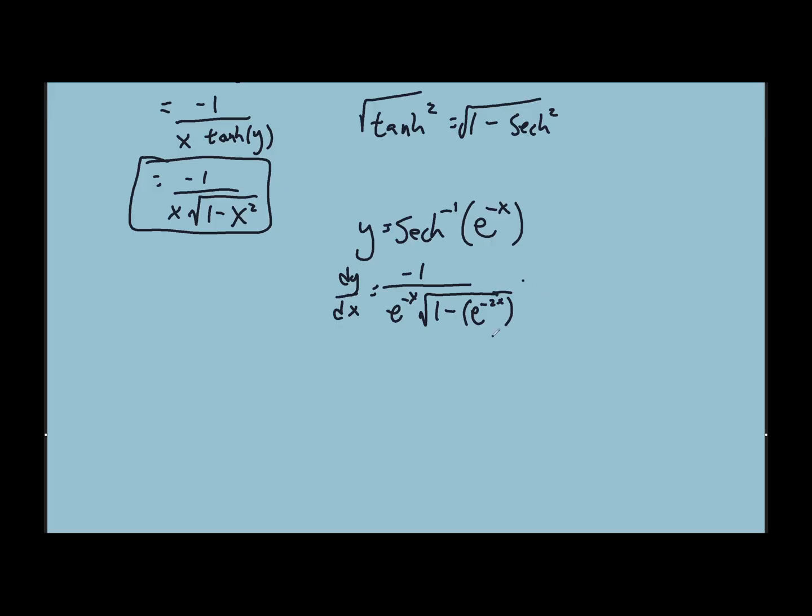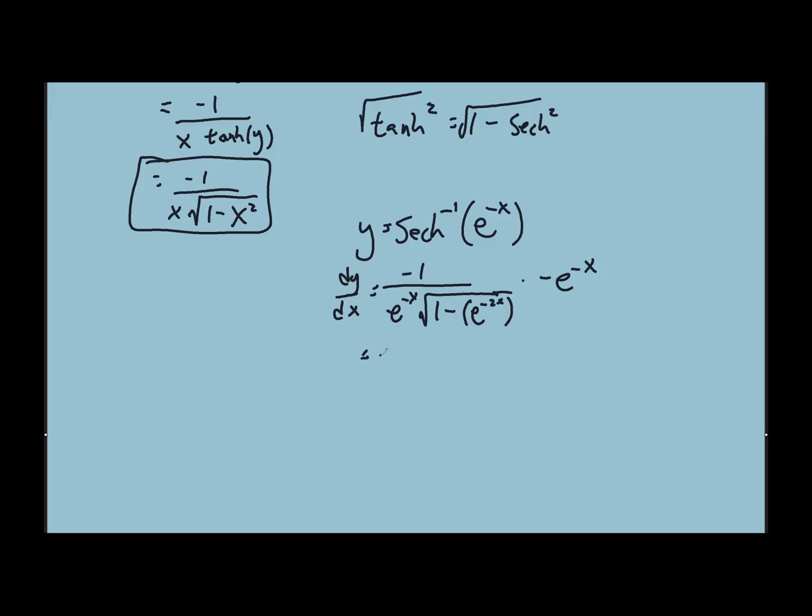And then we have a chain rule from the inside, which is going to be, is it negative 2e to the negative 2x? I think it's just negative e to the negative x. Chain rule from the inside here. Negative e to the negative x. Yeah, I think that's right.